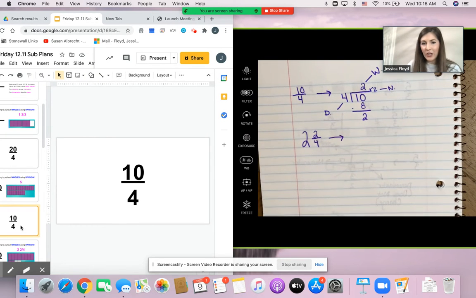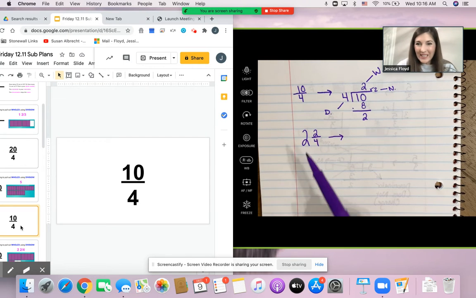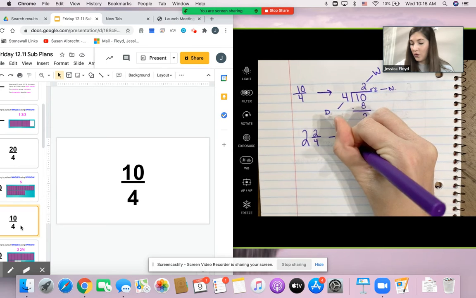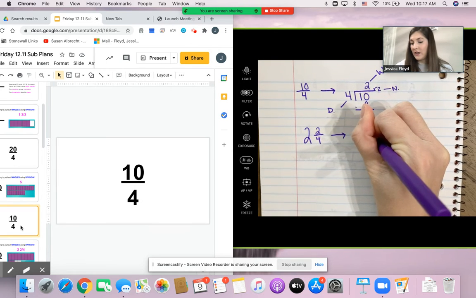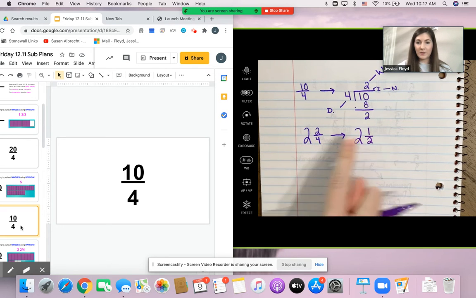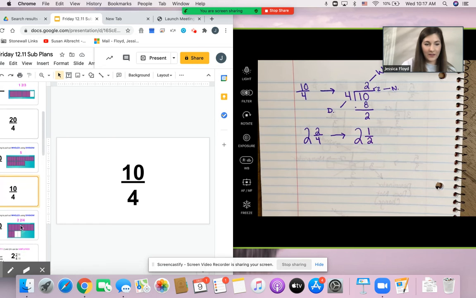But I know all of you all are great mathematicians. We can simplify this. 2 and 2/4 can be simplified into 2 and 1/2.